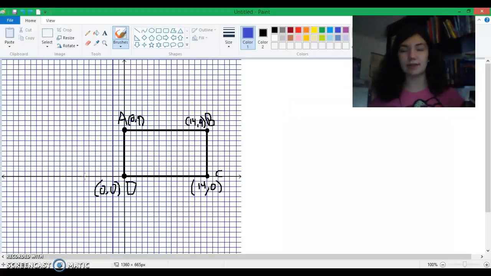Now, a cool thing that I found: dilations are not fractions. Well, they are fractions, but they're not. Like if you had a scale factor of 1/2, you do not divide the rectangle by half. I learned that the hard way when I was in like 4th grade, because that's what I thought dilations were.